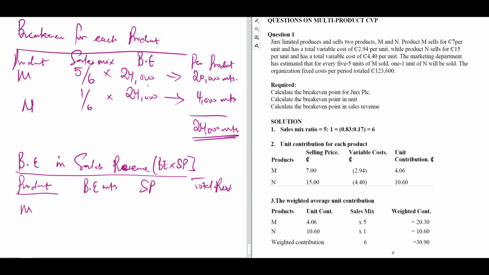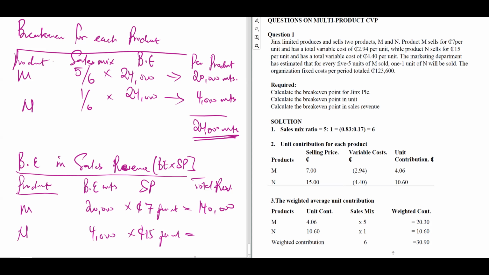So if I take product M, we are selling 20,000 units, and the selling price was what? 7 cedis per unit. Do you remember? And then for product N, we are selling 4,000 units at break-even, and the selling price was 15 cedis per unit. So what does that give us? This one gives us 140,000, right?